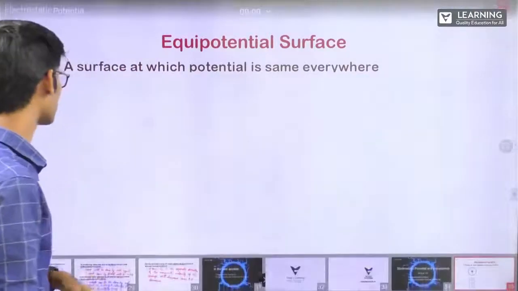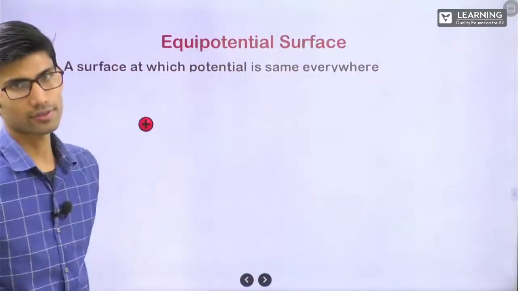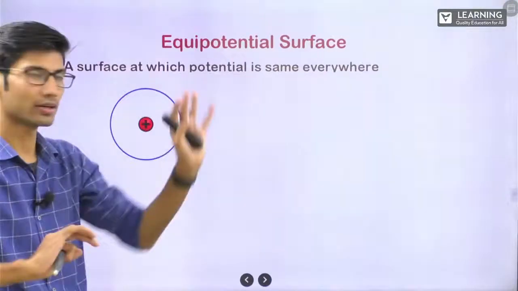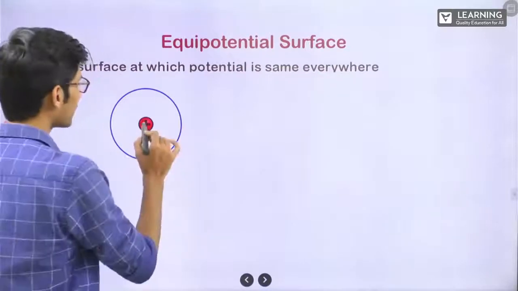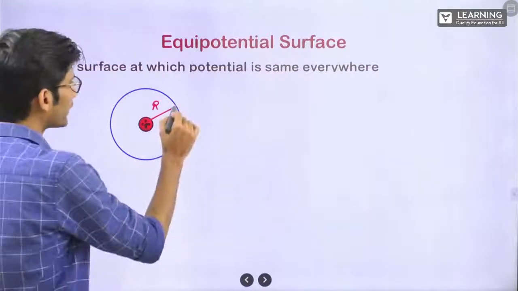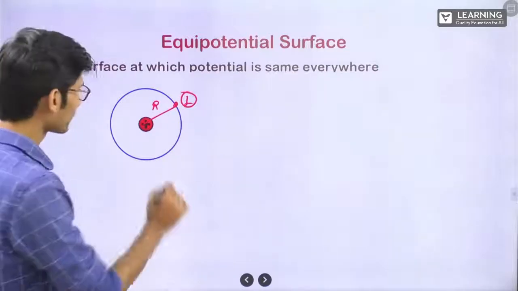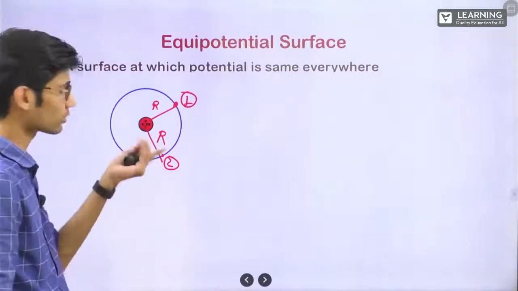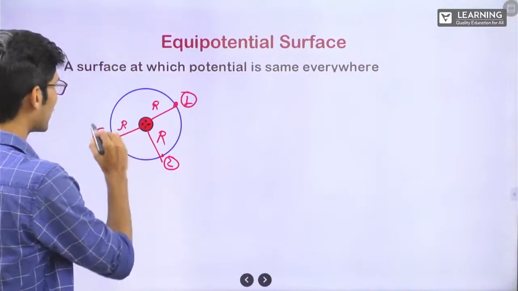Now suppose there is a positive charge. If I enclose this positive charge with a sphere, let's say, it is not a circle, it's a sphere, and the radius of this sphere is r. Now at this particular point there will be some potential. At this particular point, again this is at a distance r because it's on the surface and this is the radius.